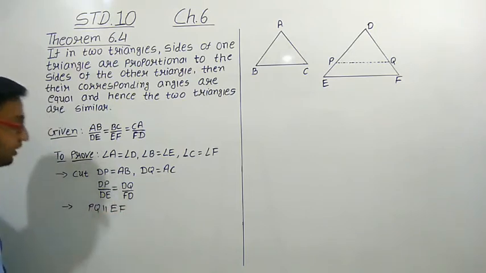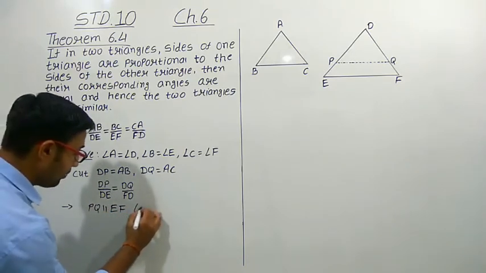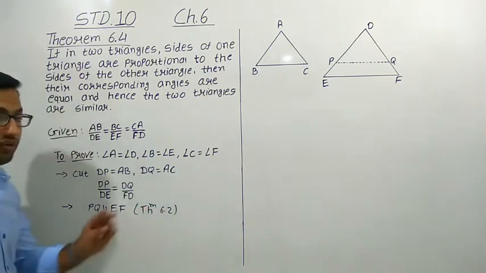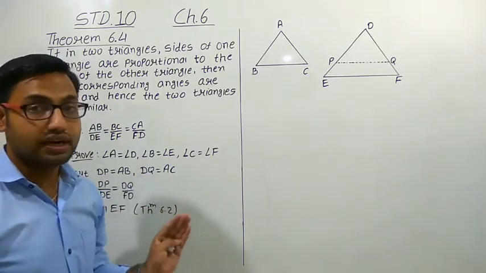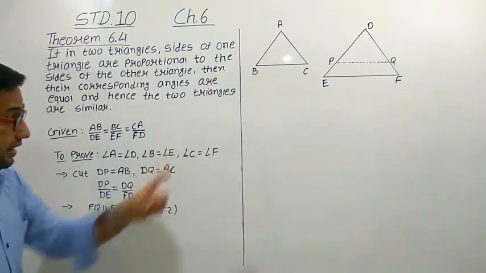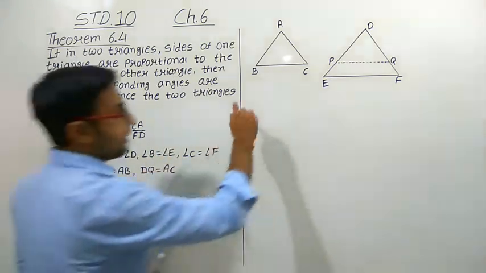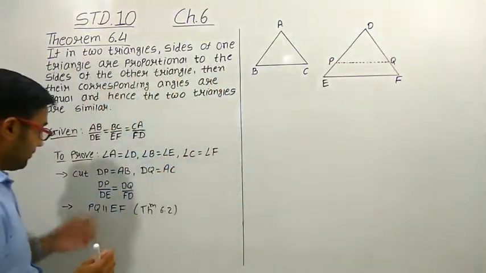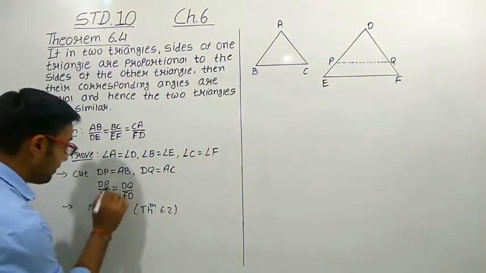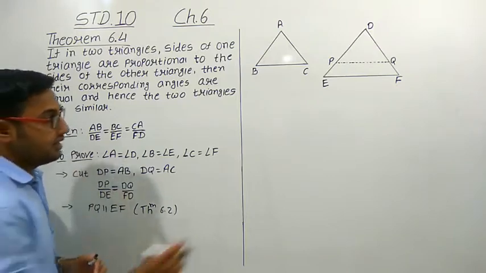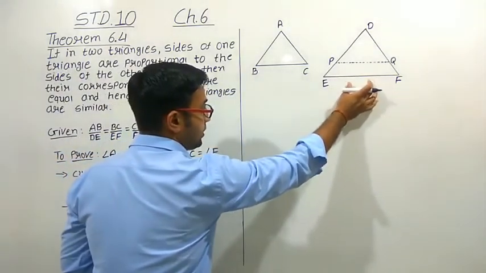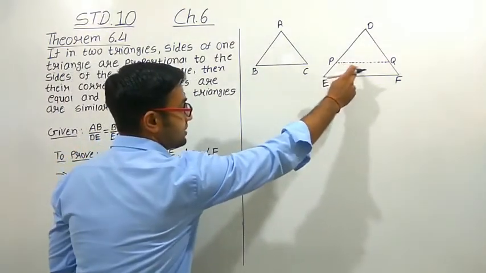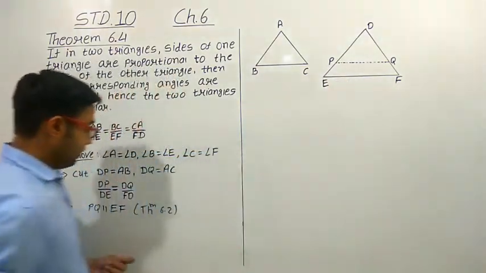PQ will become parallel to EF according to the theorem 6.2, which is the converse of the basic proportionality theorem: in a triangle, if a line intersects two sides such that this ratio becomes equal, then this line must be parallel to the third side of the triangle. That is PQ in this case is parallel to EF.